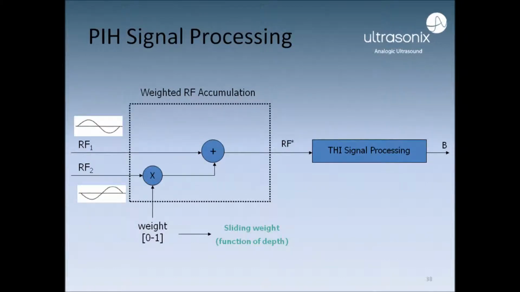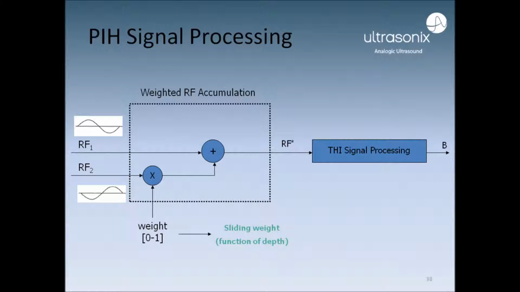In PIH, the sequence is slightly different from the conventional B-mode imaging. In order to form each RF line, two scan lines are acquired from each location with inverted pulse shapes. The received RF data for the two lines are then summed up. This cancels the main frequency component of the signal but doubles the second harmonic component. Since the second harmonic gets attenuated more strongly at deeper tissue, it is possible to use a depth-dependent weight factor for adding up the two RF data.